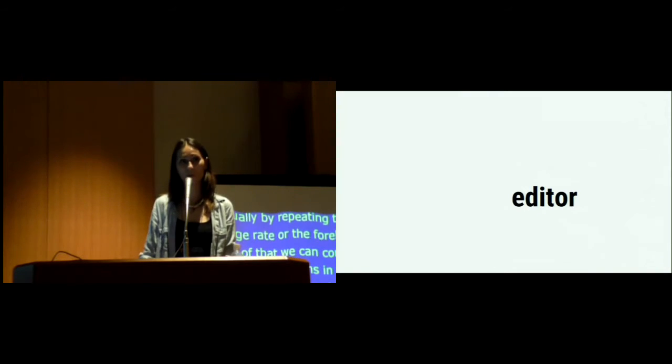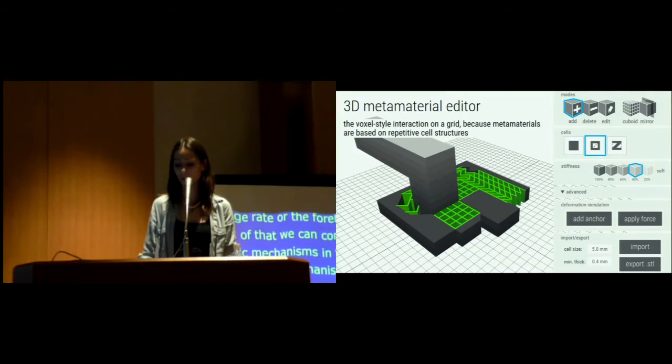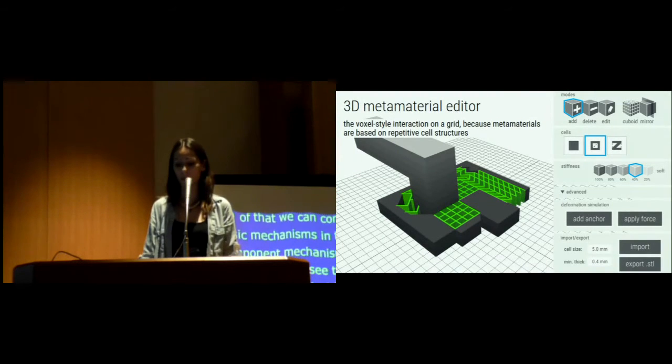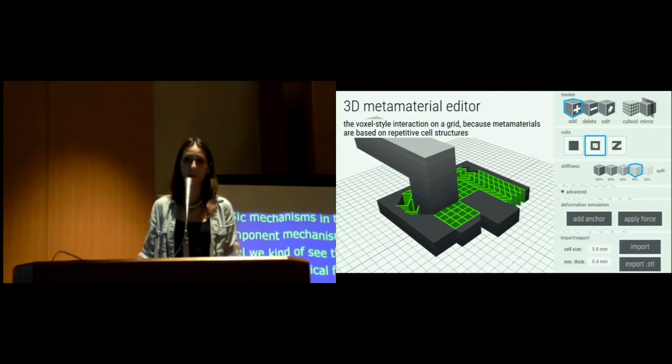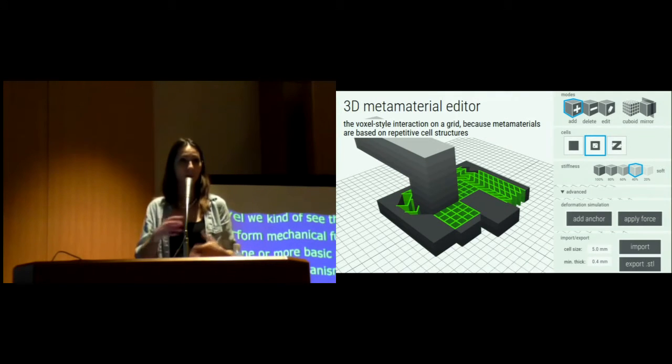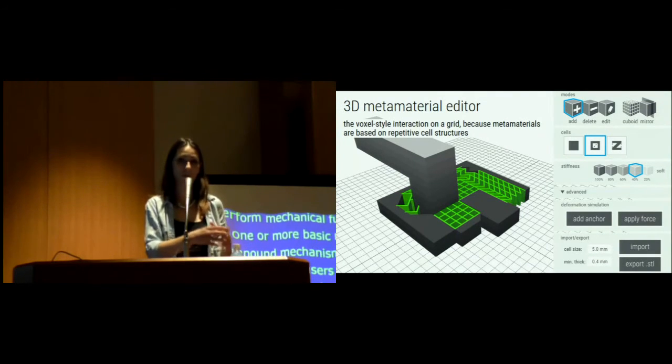Now, to help users design such metamaterial mechanisms, we implemented a voxel-style editor. This is very suitable because our materials are organized on a grid anyways, and then we have the voxels that are also regular units.